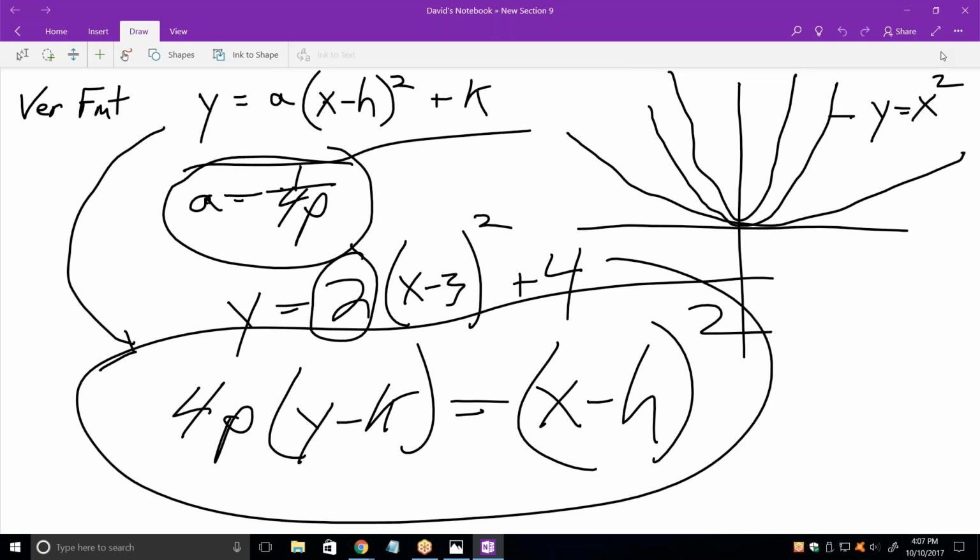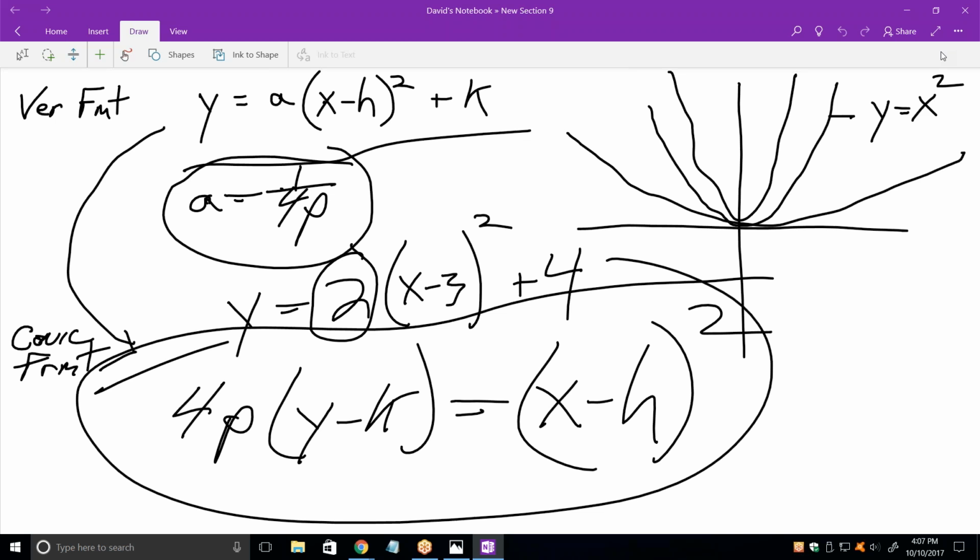Notice that if we make a equal to 1 over 4p, and we move the k to the other side of the equation and multiply both sides by 4p, I've got that. So it's just an algebraic manipulation to get from vertex format to, I don't know what this would be called, I guess conic format.